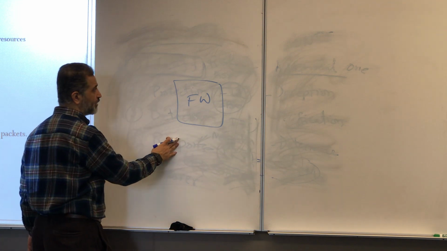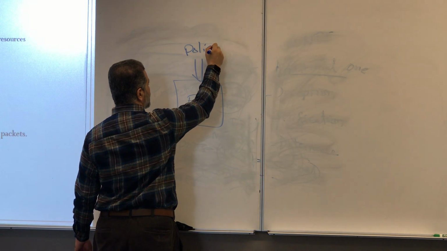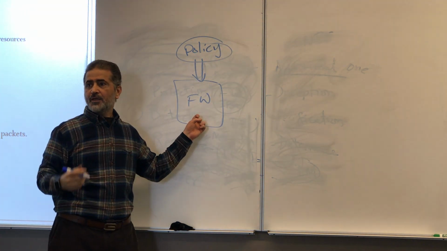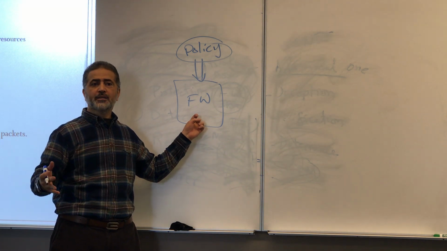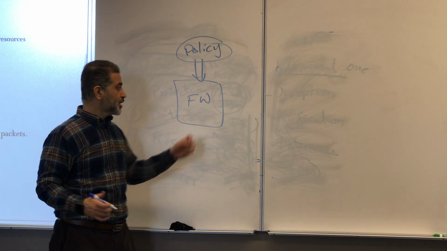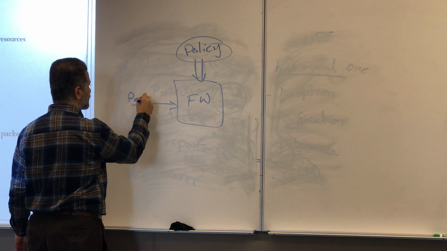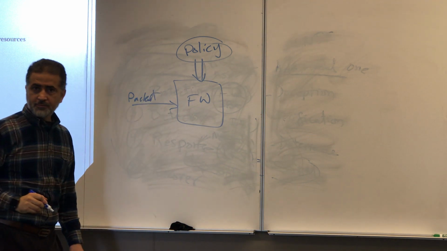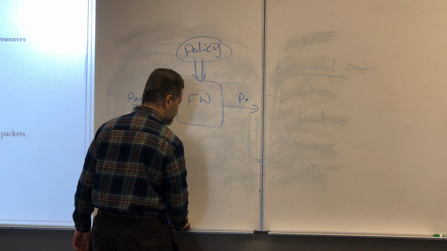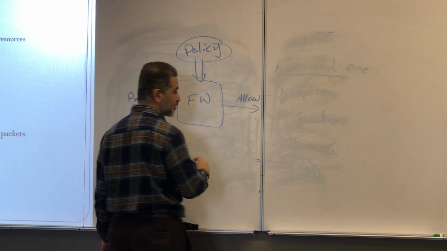So what does a firewall have? It has policies. I call it firewall policy, which determines how the firewall will behave, how the firewall will decide to pass a packet or deny a packet. The firewall has an input, which is a packet, and then an output, either pass, or I will make it allow here, allow the packet to go.